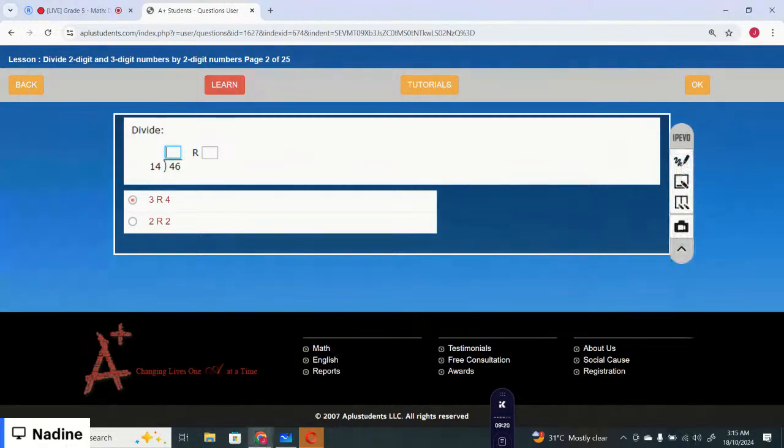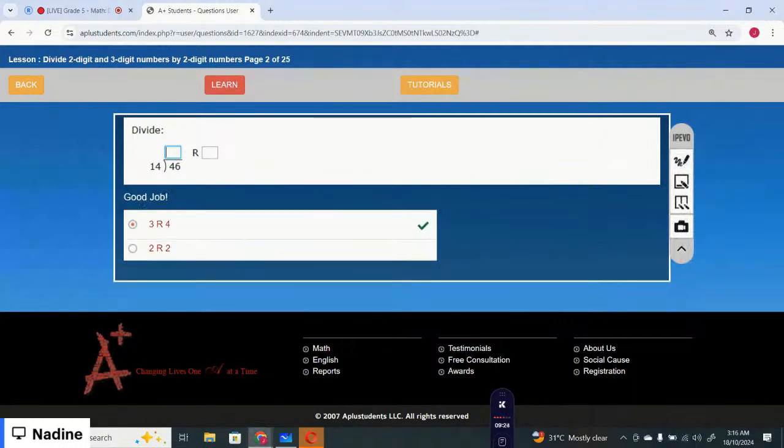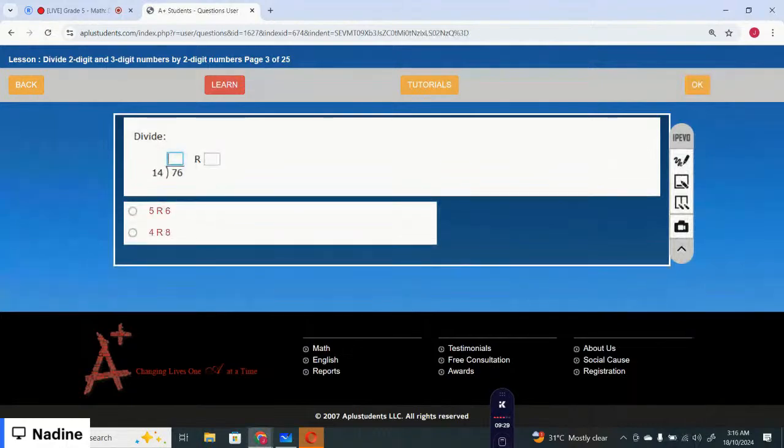Okay, the next one is 76 divided by 14. So which is the correct option?